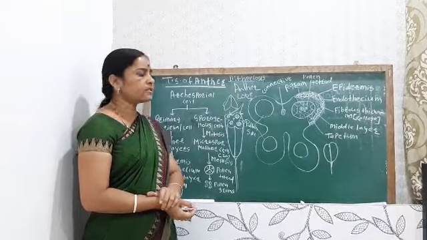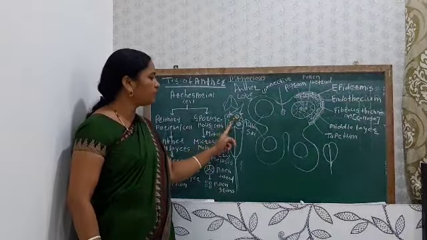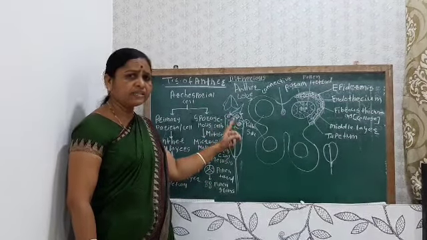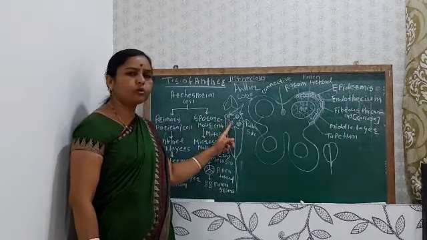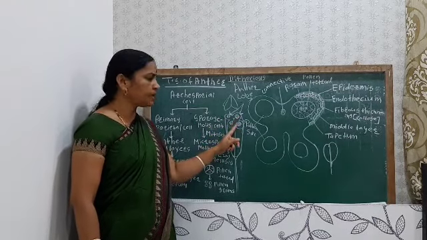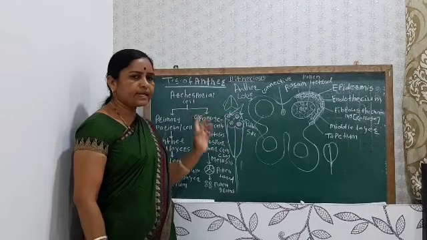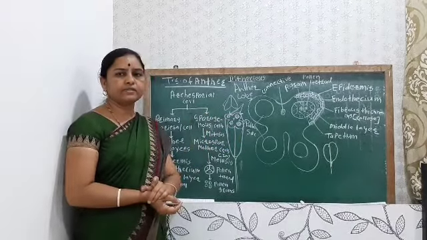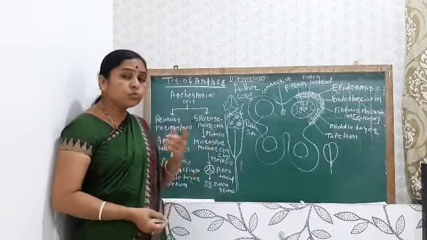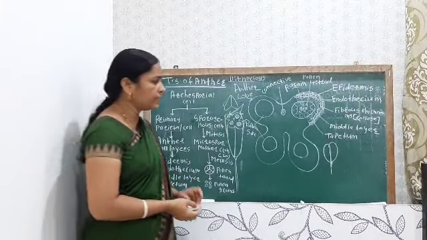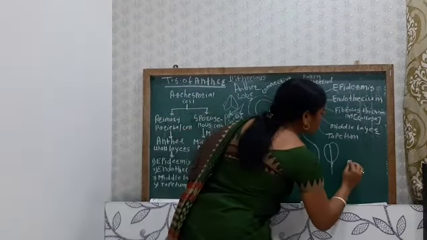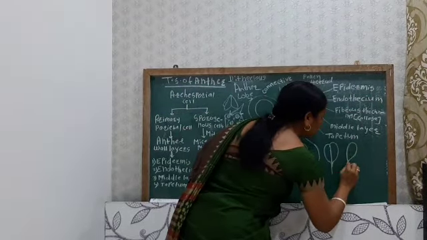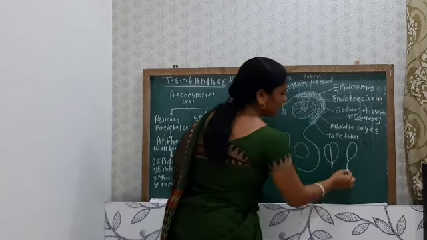In the dithecous anther there are four pollen sacs. That is, in one lobe there are two pollen sacs, and in the other lobe there are two, so four pollen sacs are present in the dithecous anther. While in the monothecous anther, monothecous means the anther has a single lobe like this, with the anther lobe and the filament.